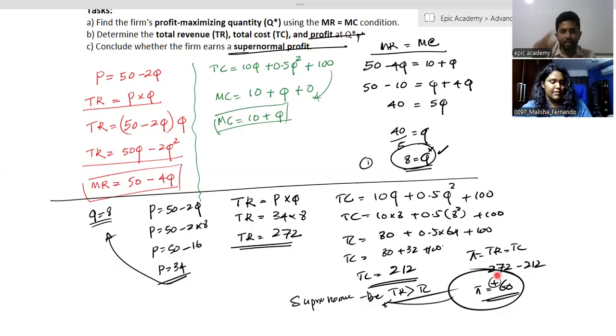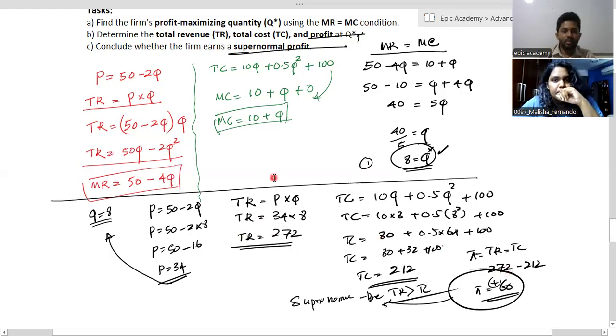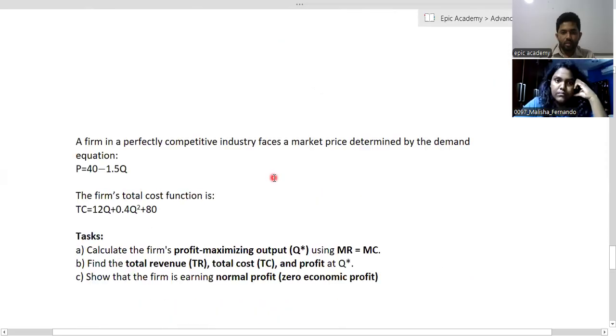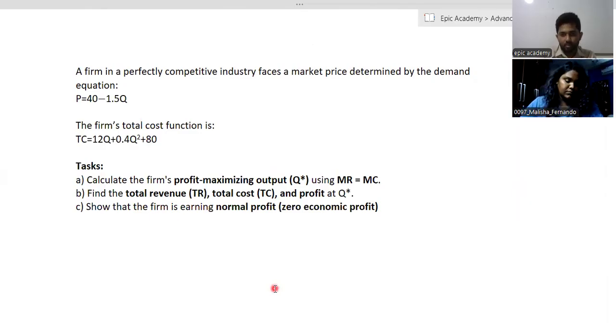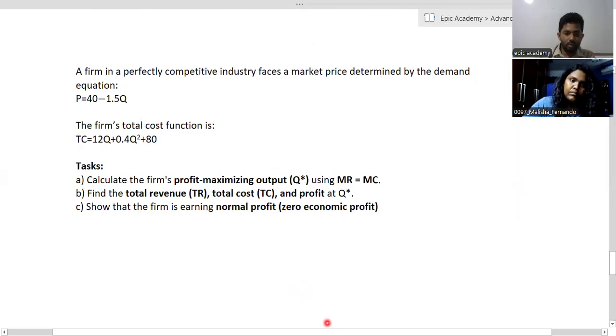Right. Now another thing. This is supernormal profit. So then what about this one? A firm in a perfect competitive industry faces a market price determined by the demand equation. P equal 40 minus 1.5Q. Wait a minute, I will check the equation again.